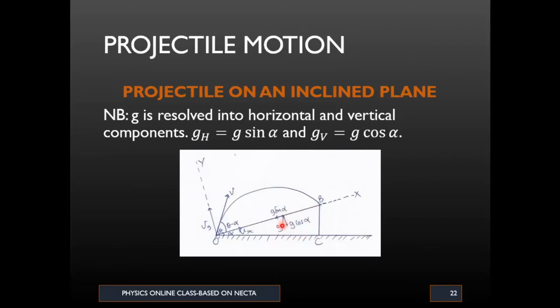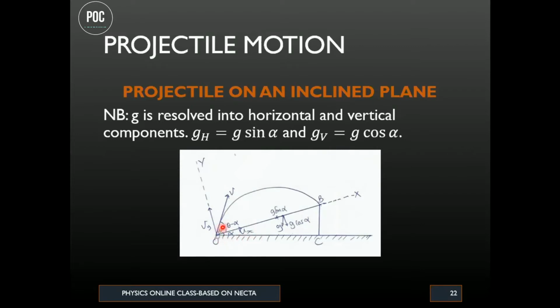And here we have g. g is vertically downward. Therefore, g will be resolved into two components. The vertical component will be g cos alpha, and the horizontal component will be g sine of alpha. The angle alpha we are referring to is this angle here.